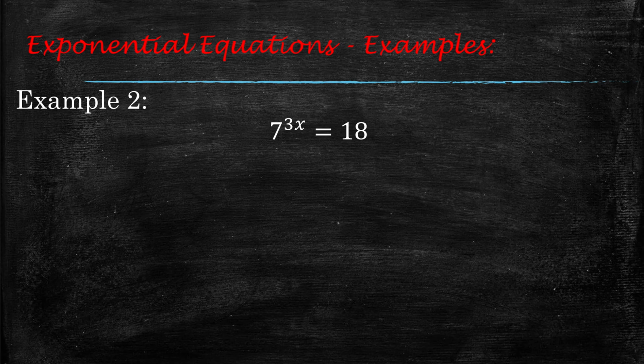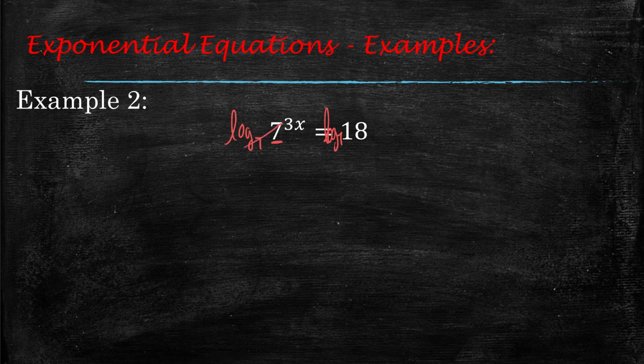We have 7 to the 3x equals 18. Well, there's no way that I can write 18 with a base of 7, and there's no other way to write 7 as a smaller number with a base. And so this is where you're going to have to convert it to a log. To do that, you're going to take the log base 7, since your base is 7, on both sides of the equation.